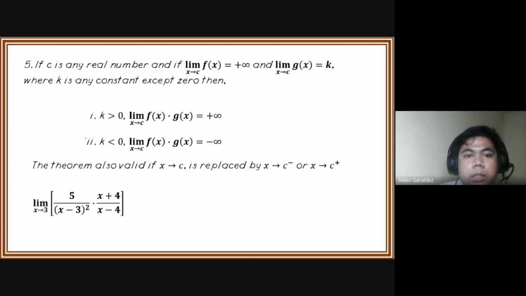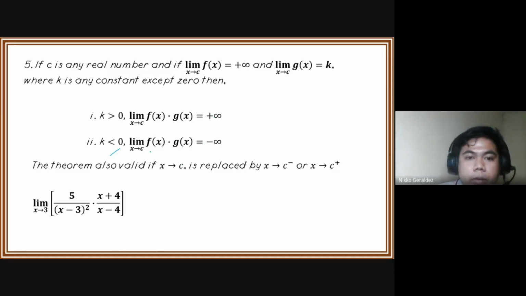If k is greater than 0, limit of f of x times g of x as x approaches c is equal to positive infinity. Then case 2, k is negative or k is less than 0, so limit of f of x times g of x as x approaches c is equal to negative infinity.